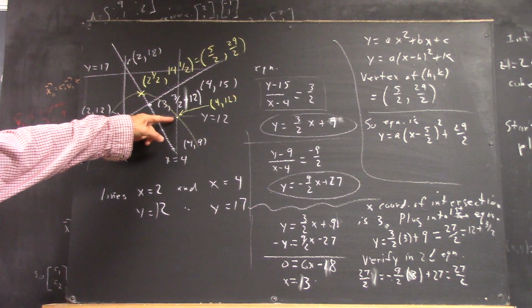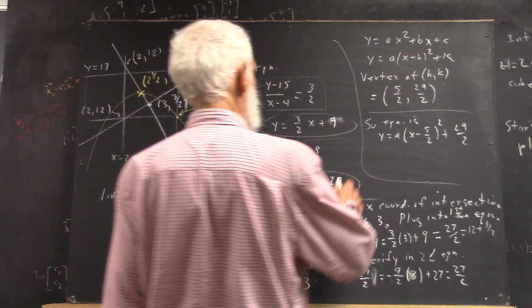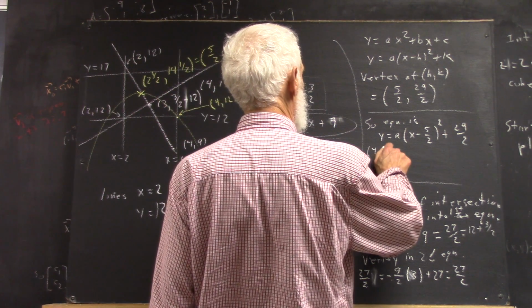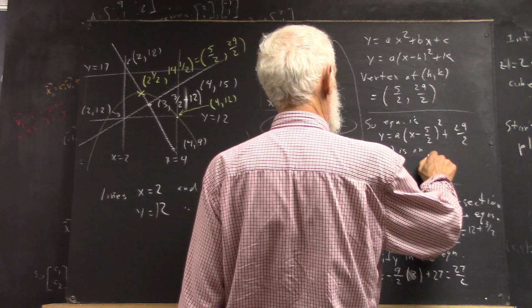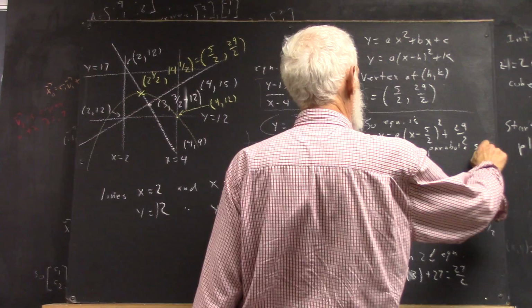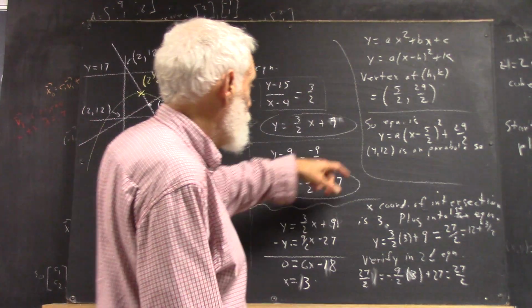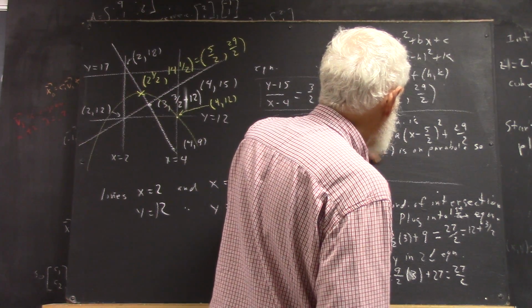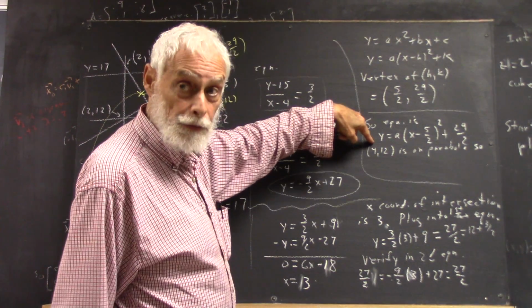Well, we've got this point here, right? (4, 12) is on the parabola, so when x equals 4, y equals 12, we can plug those numbers in here. They have to satisfy, right?